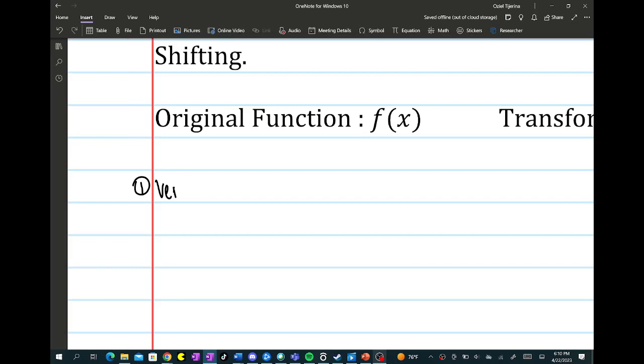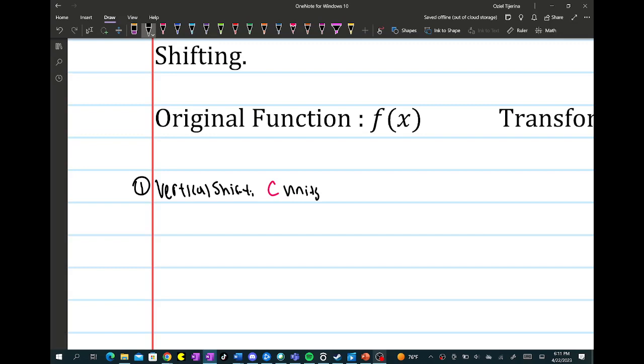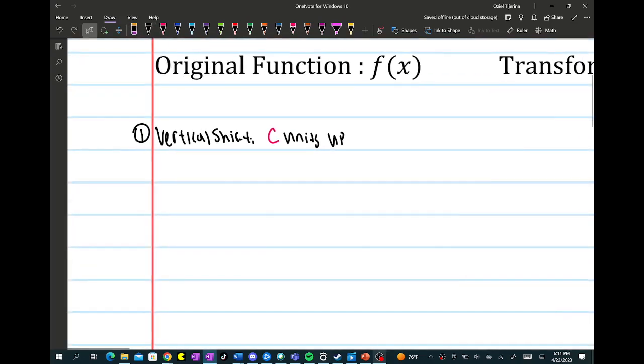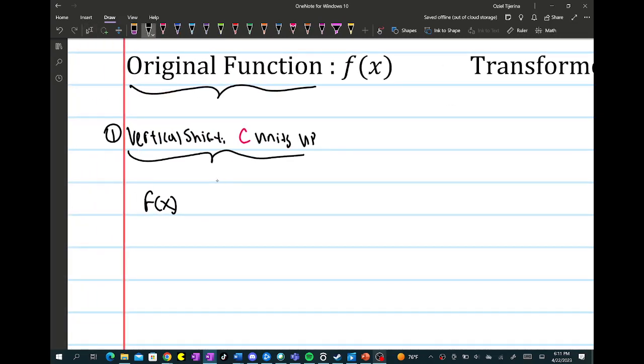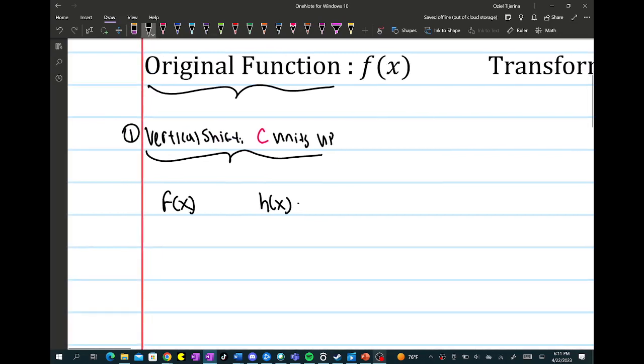So a vertical shift, and if I'm going to say, for example, c units up, what this means is my original function, like I said, is f of x, and the transformed function, given that I go up c units, is going to be h of x equals f of x plus c.